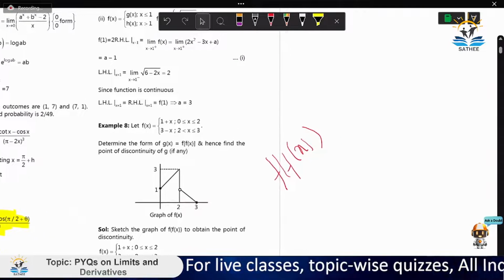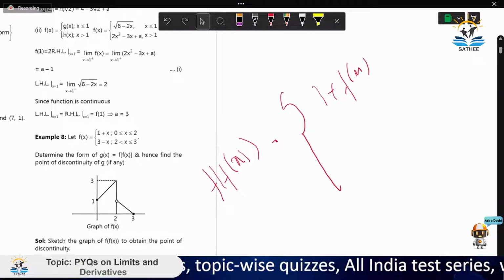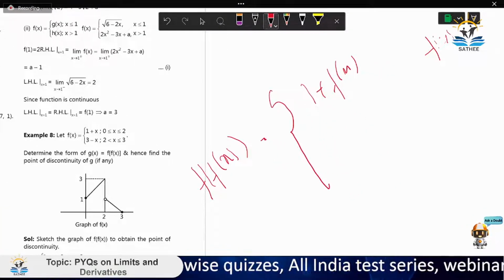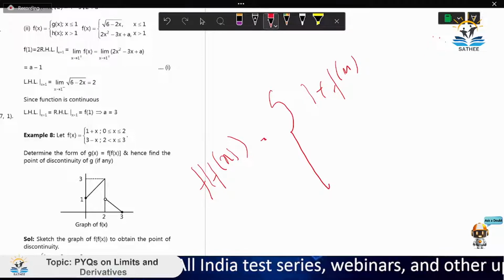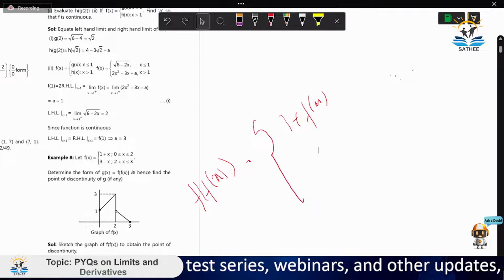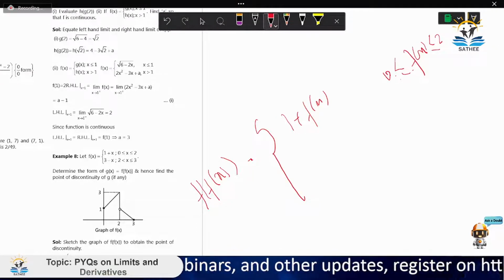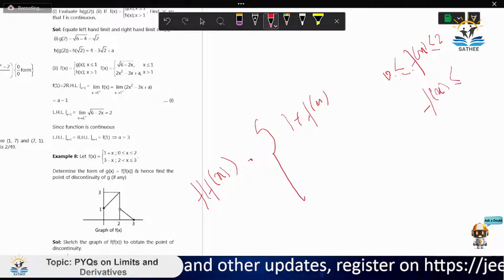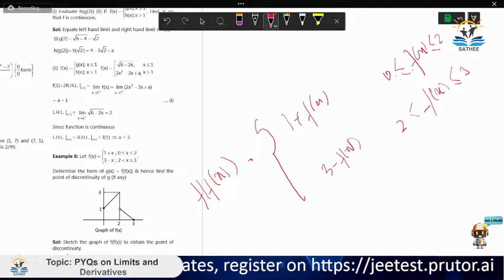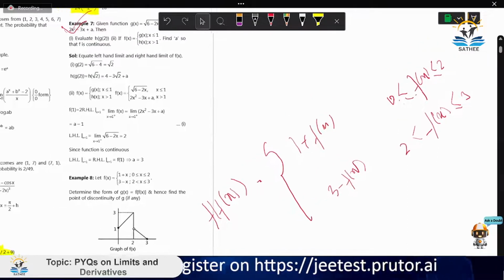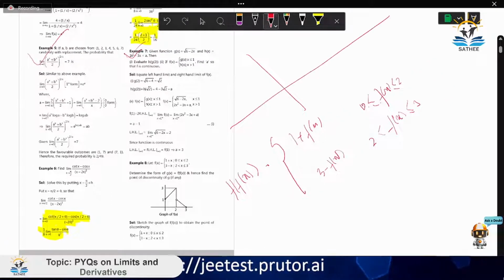So it would look like 1 plus x for x belonging to this, and for x greater than 2 and less than or equal to 3, we have 3 minus x. Okay, so for our understanding, let us draw the f of x first.